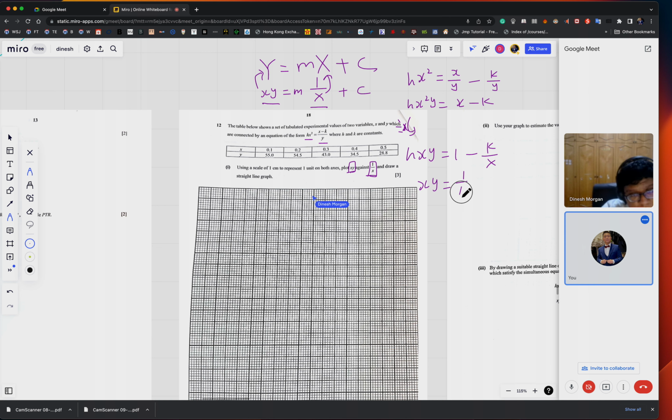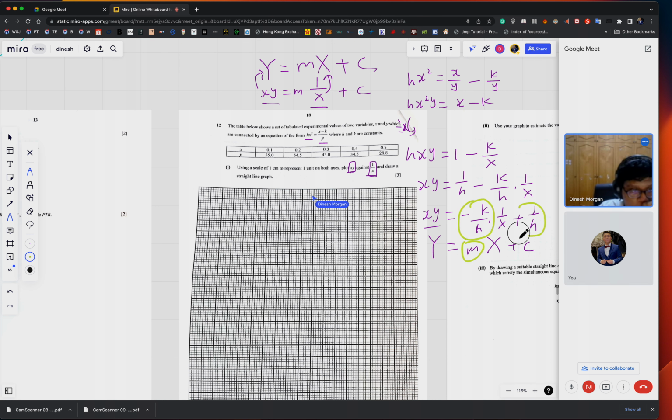Then you get 1 over h, and then kh times 1 over x. Can you see that we have that format already? If you cannot, let me rearrange it for you. This is my big Y, this is my M, this is my big X, and this is my C. Let me use a different color. This is my M, this is my C.